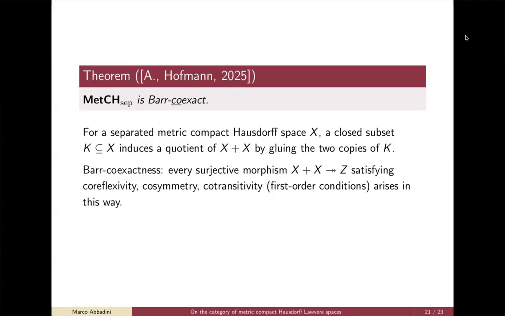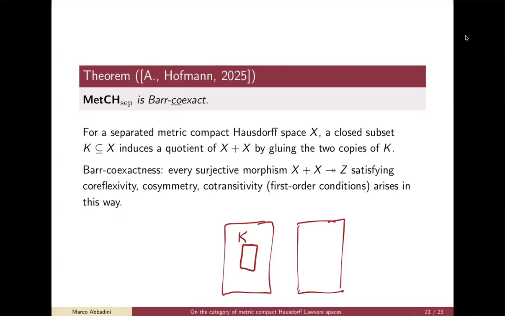First of all, notice that if I have a separated metric compact Hausdorff space X, equipped with a compact Hausdorff topology and a compatible metric, and I have a closed subset K, then if I take two copies of X, this subset K induces a quotient of these two copies just by gluing the two copies pair by pair along K.